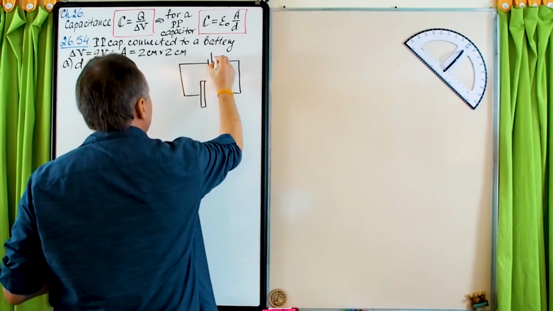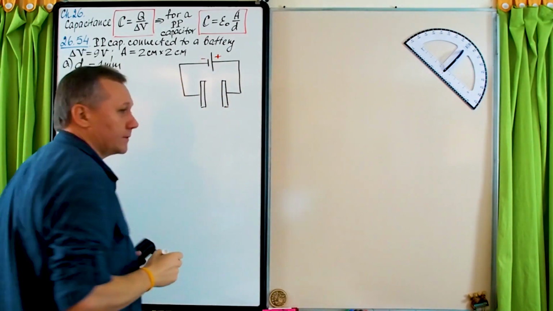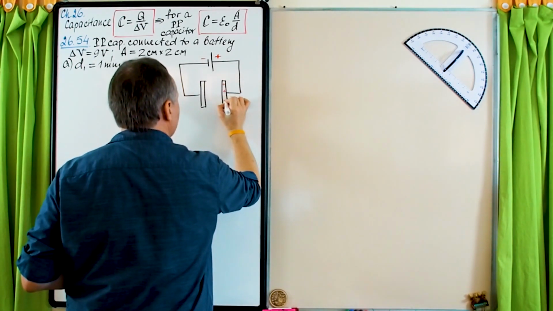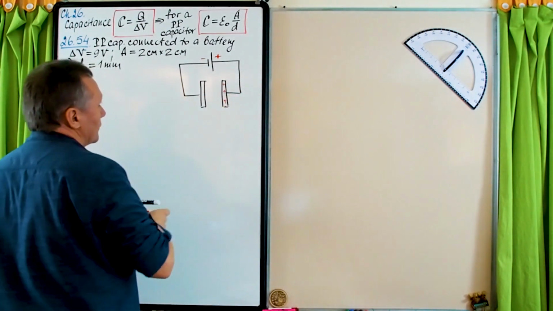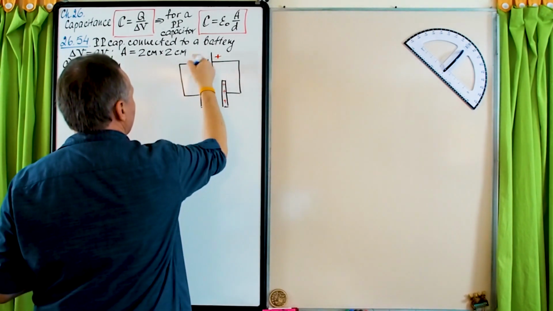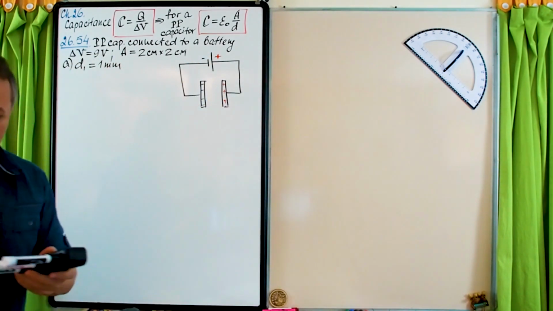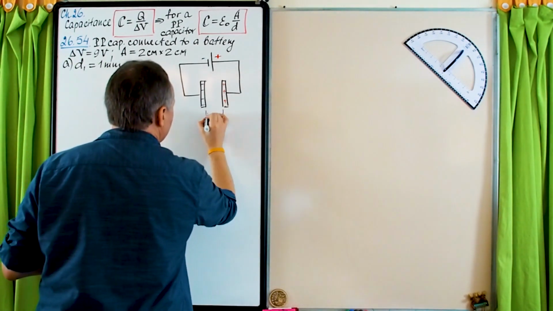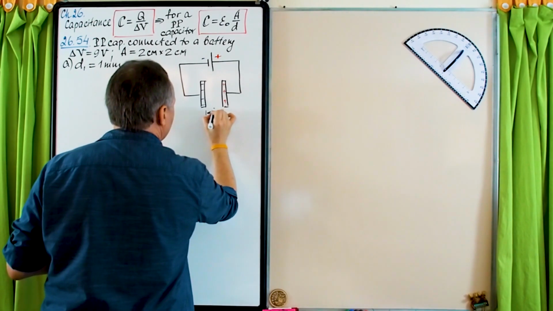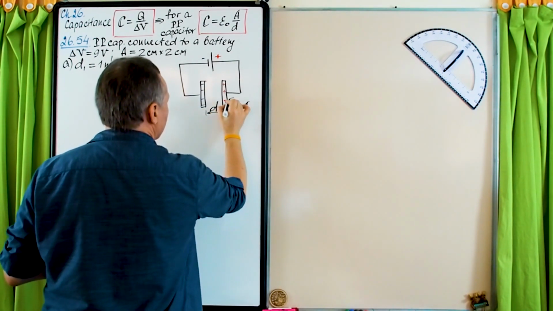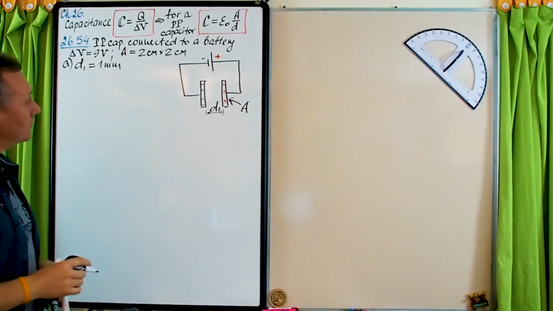So this is plus, here minus. As a result, this electrode of the capacitor is positively charged, and this one is negatively charged. Let me use a different color. So that's what we have: spacing D1 and area A.